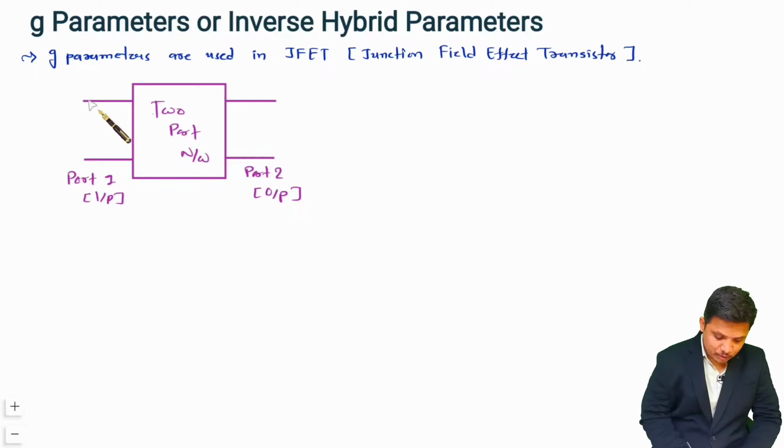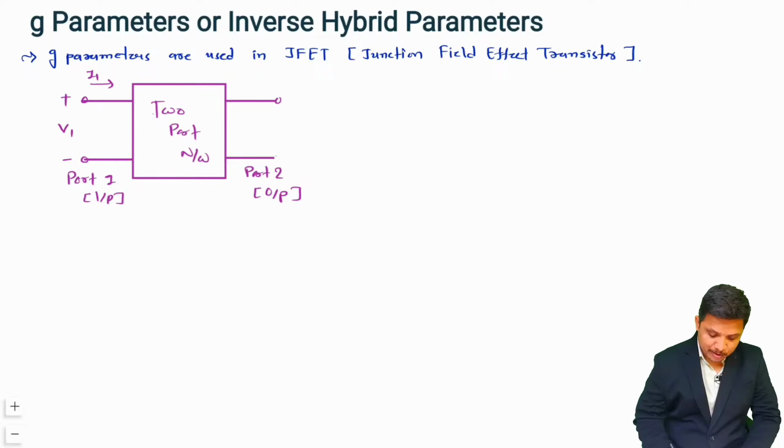In this two-port network, we have voltage V1 at the input port and current going inside, I1. At the output port, we have voltage V2 and current going inside, I2. So this is the two-port network.